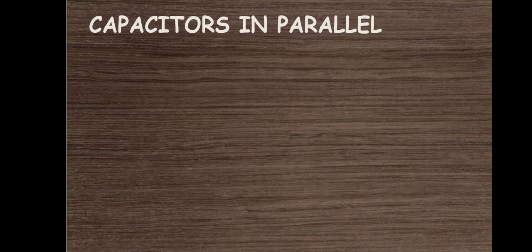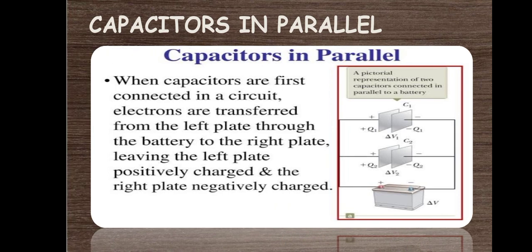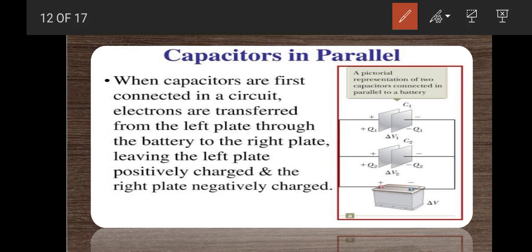First is the capacitors in parallel. How are the capacitors joined in parallel? Whenever the capacitors are joined in parallel, here you can see another formation. It is also parallel form. You can see the first and second plate of C1. C1 is the capacitance of the first capacitor. First and second plate of C2.